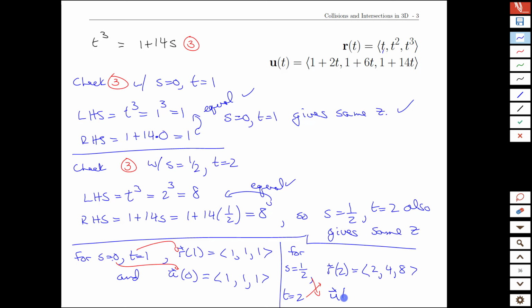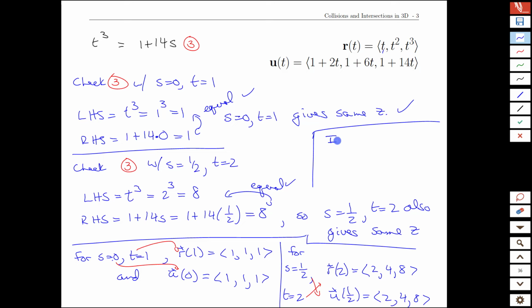And u of 1/2 is going to be 1 plus 2 halves. That's 1 plus 1, that's 2. Excellent. 1 plus 3, because 1 is 6 halves. Not surprisingly, because we solved these earlier, we get the same coordinates for all three. So we get our intersections at 2, 4, 8 and 1, 1, 1.